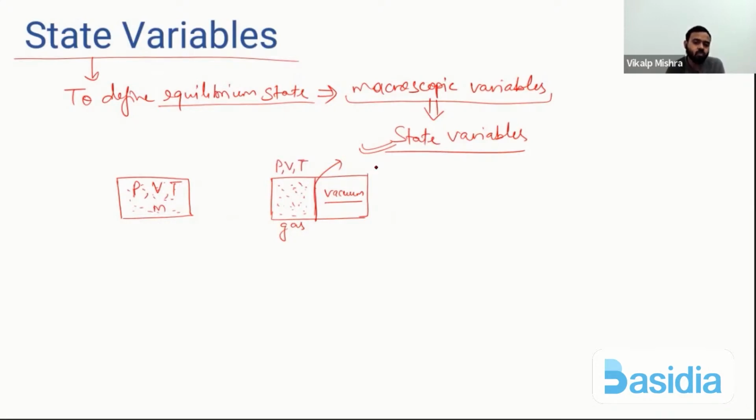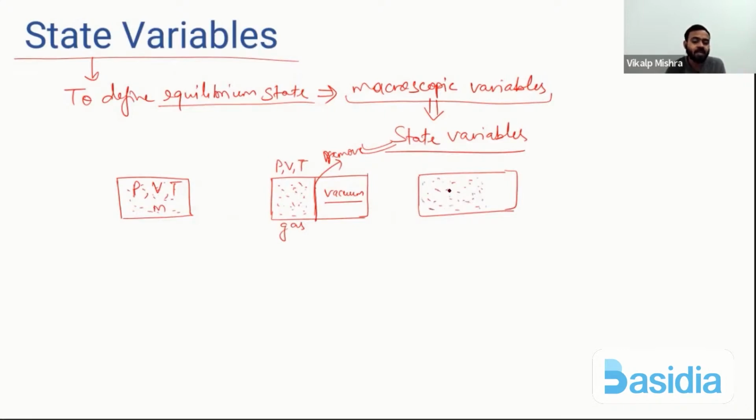If suddenly we remove this wall, what will happen? These gaseous particles will start to fill this vacuum.